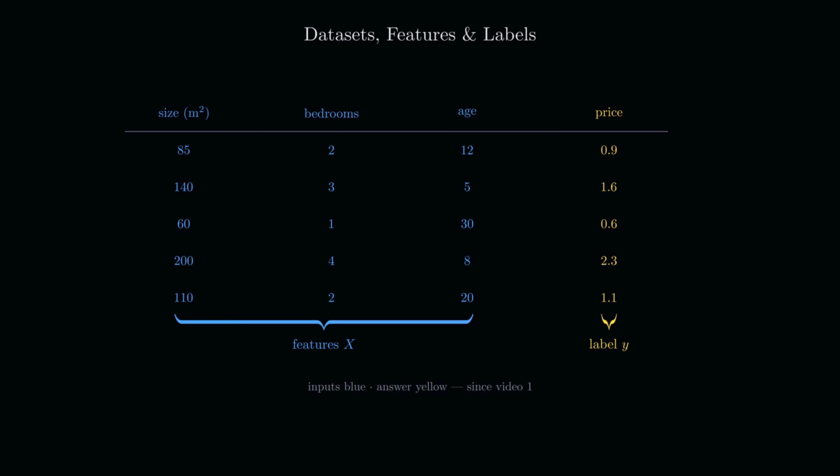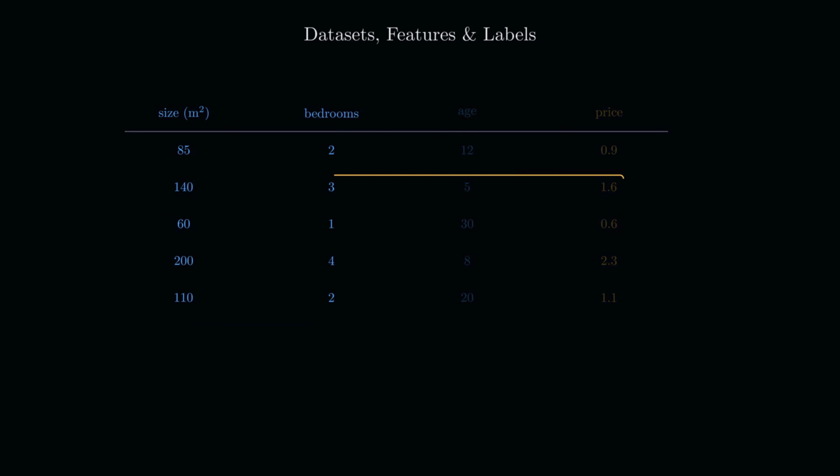Inputs in blue and the answer in yellow, the same blue and yellow we've used since the very first video. And notice that yellow label column only exists because this is supervised learning. Strip it away and you've got an unsupervised learning problem instead, which is a whole module of its own later on.